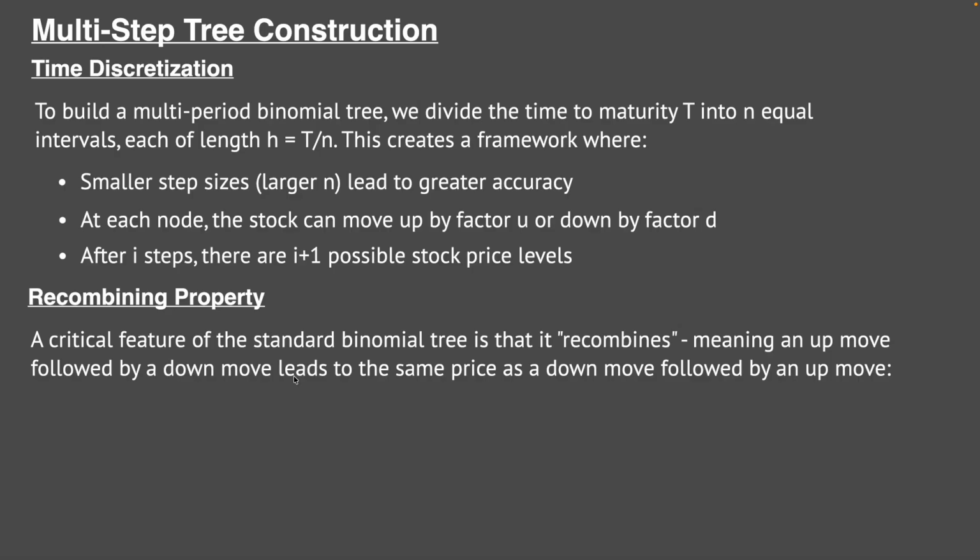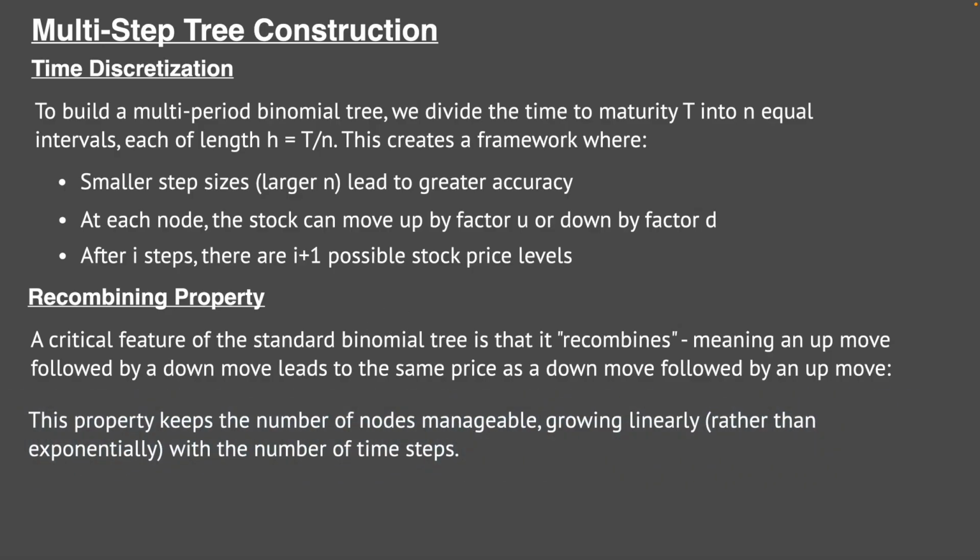We will see that when we solve the binomial tree problem, how an up move and a down move combine to give a linear binomial tree rather than an exponential one. So the recombining property keeps the number of nodes manageable.